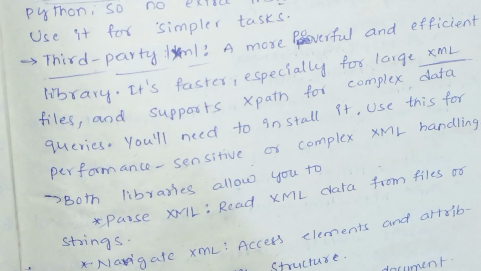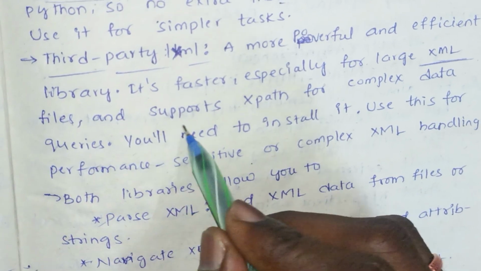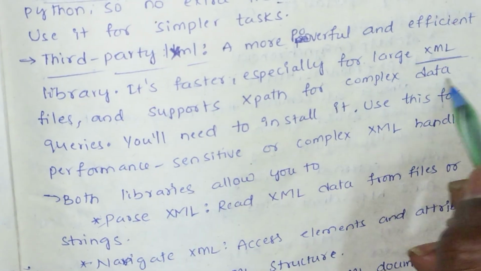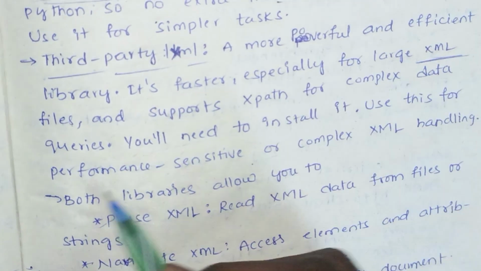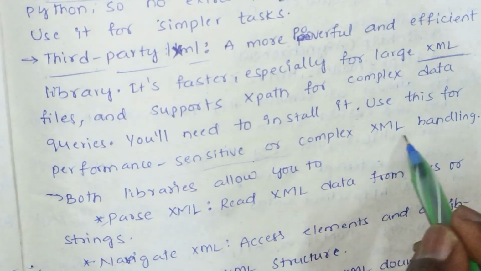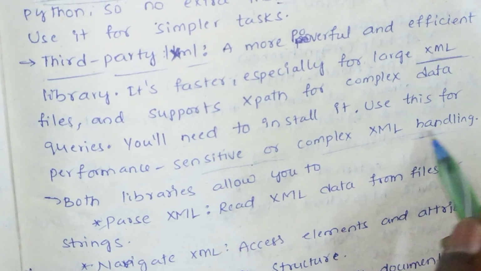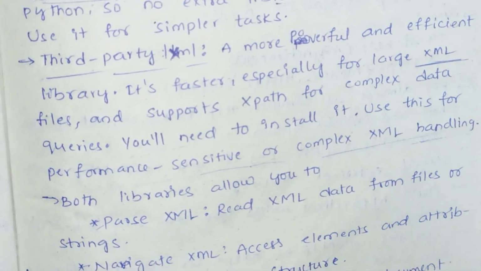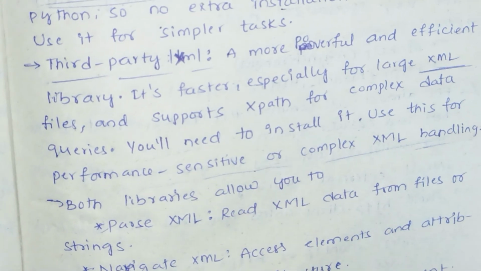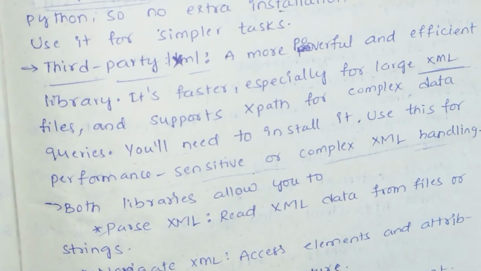Third party also supports XPath for complex data queries. You will need to install it. Use this for performance-sensitive or complex XML handling. Whenever there is a complex, large, big XML file, at that time we are not supposed to use the built-in.